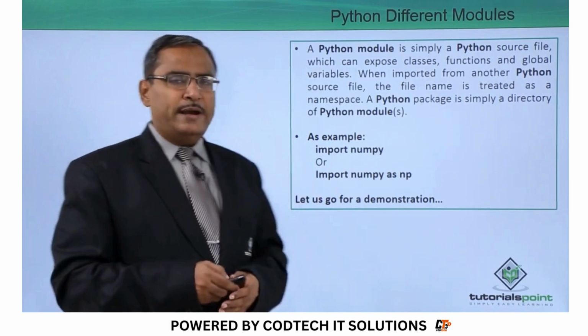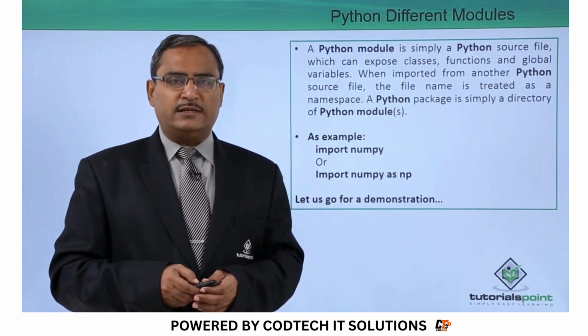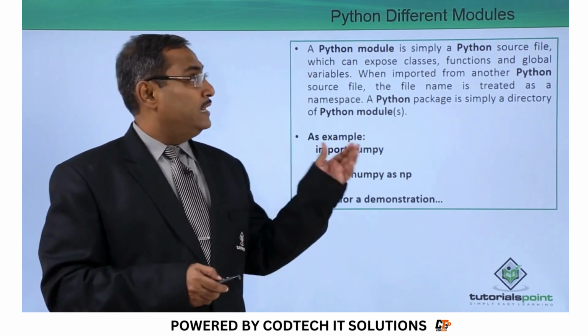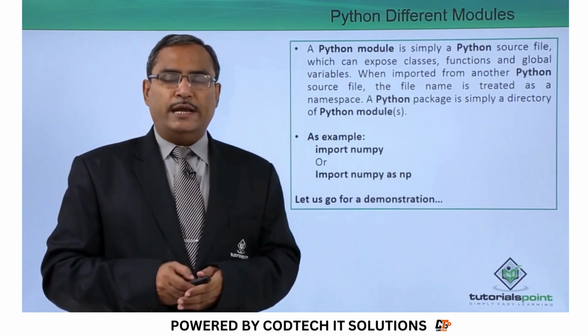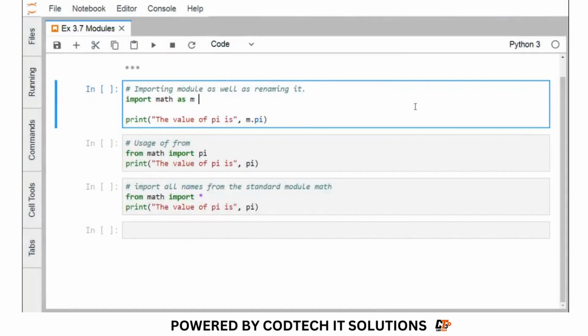Let us go for one practical demonstration for easier understanding of how to import different modules in our Python coding. We can import a module according to our requirement, and at the same time we can rename it, that means we can create an alias of the imported module.